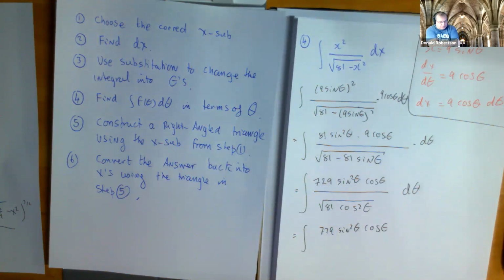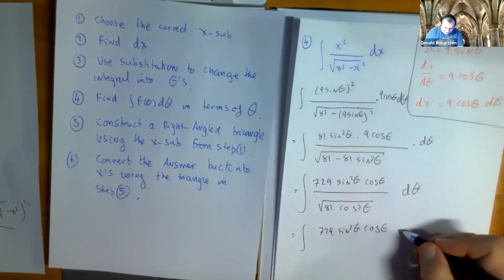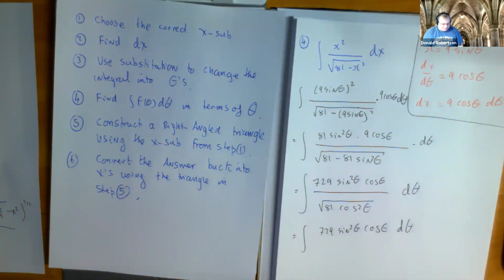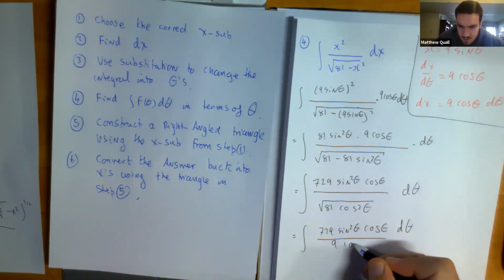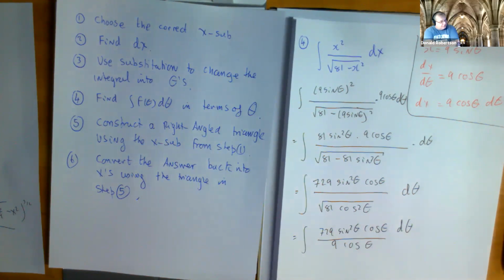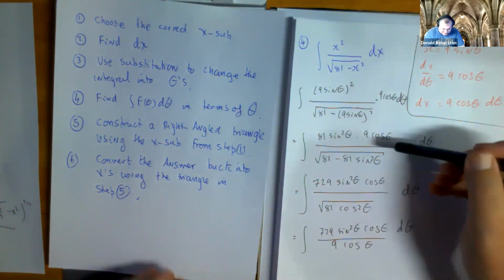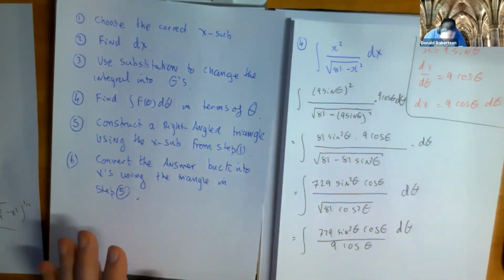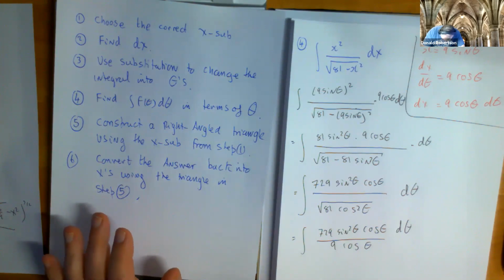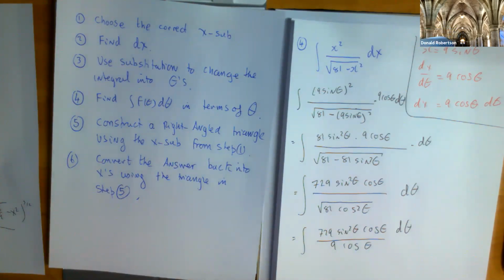What does the square root of 81 cos squareds get you? Nine cosine. Yes. You notice the square root goes away. Me personally, I wouldn't want to do it, but some people who are good can go from that line straight to this line and save themselves a little bit of work. We all like that, right?